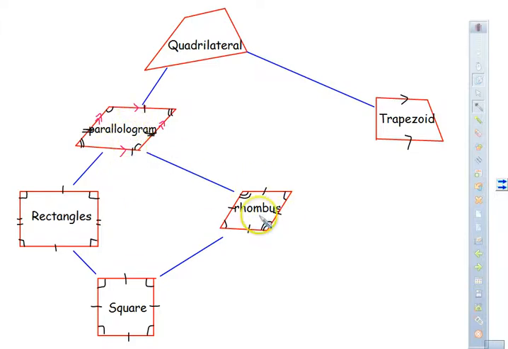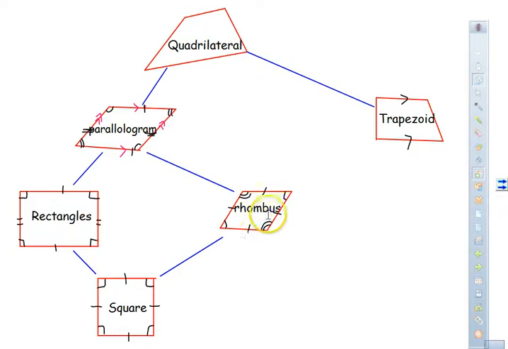Let's go down to the rhombus. Okay. Now a rhombus also has opposite sides that are parallel and congruent. They are parallel to each other. So you could call this a parallelogram, but the difference is that all four sides are congruent.